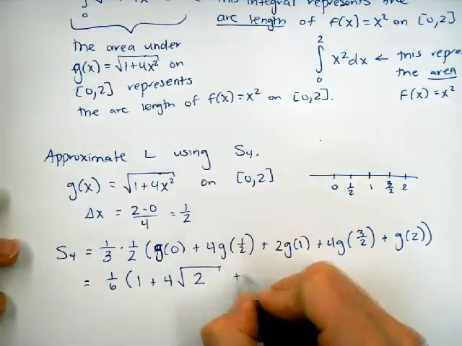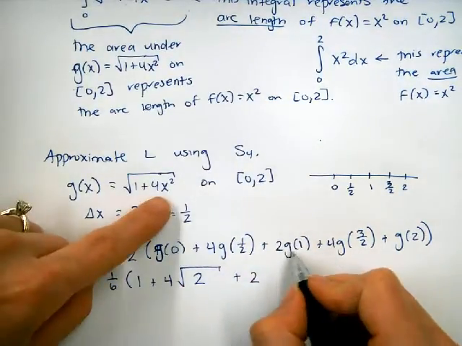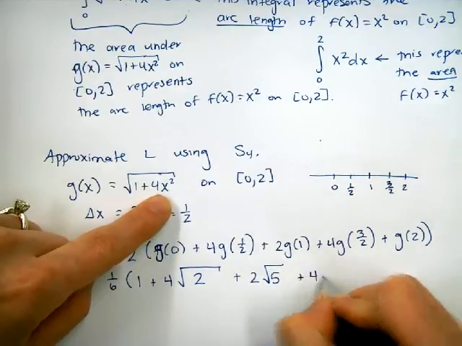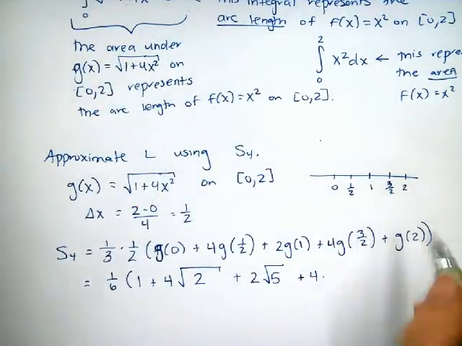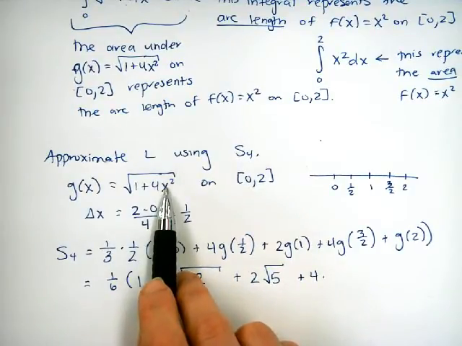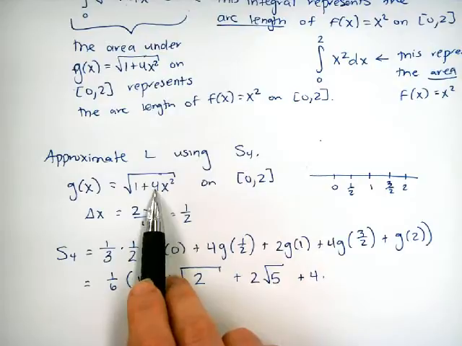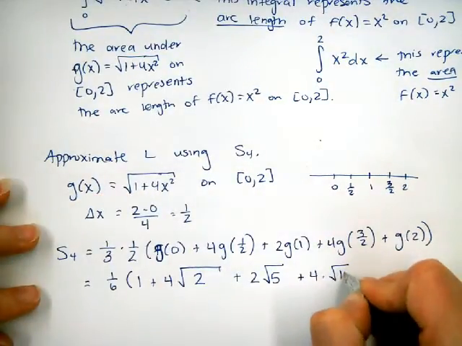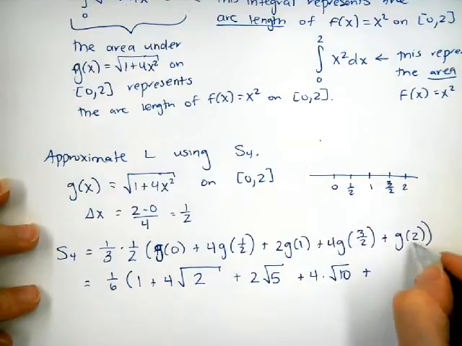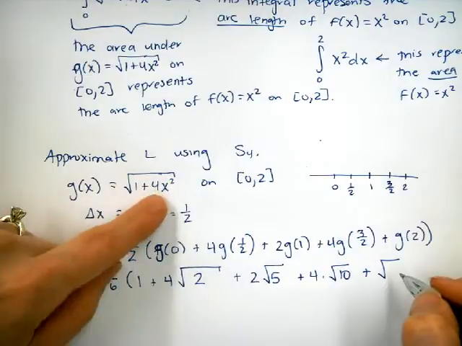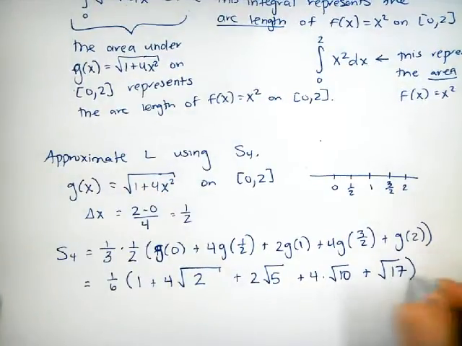Okay, plus 2, and then g of 1 would be the square root of 5. g of 3/2. 3/2 squared would be 9/4. 9/4 times 4 is 9. 9 plus 1 is 10. And then g of 2 would be the square root of 2 squared is 4, 16 plus 1, 17.